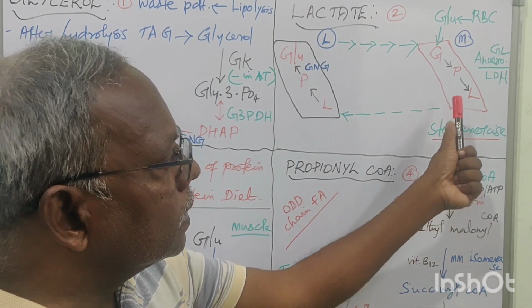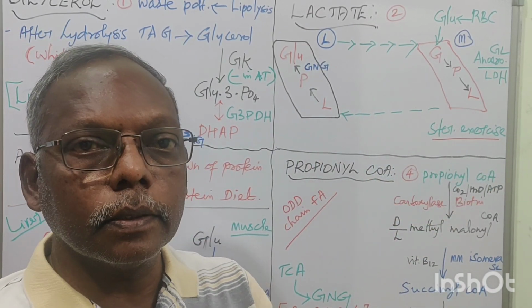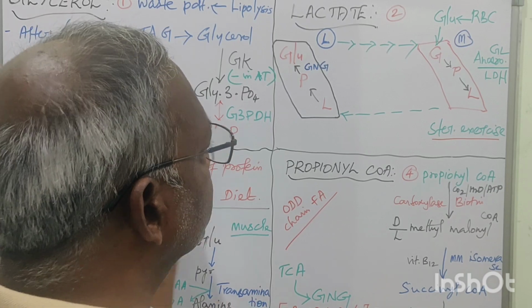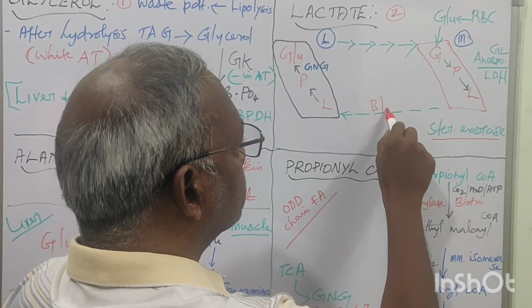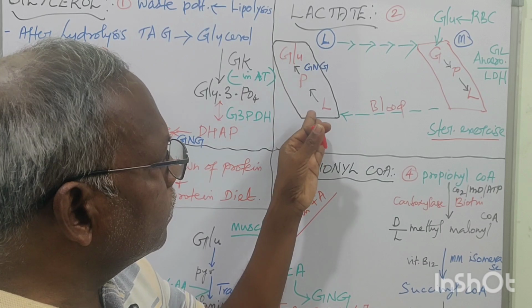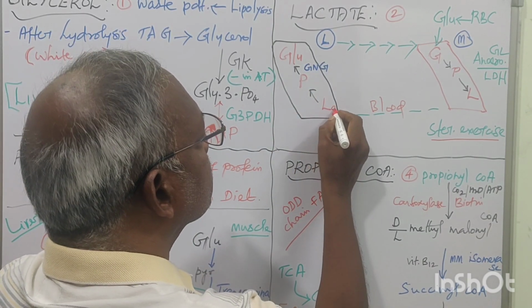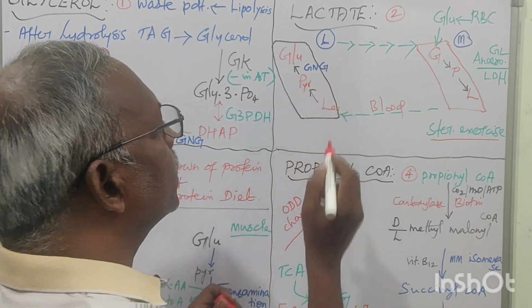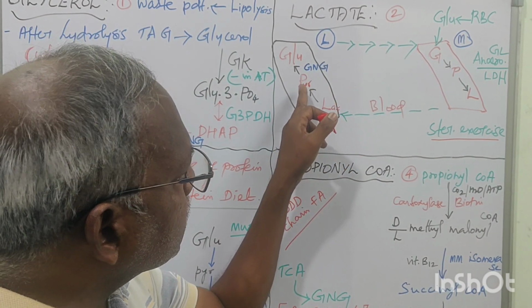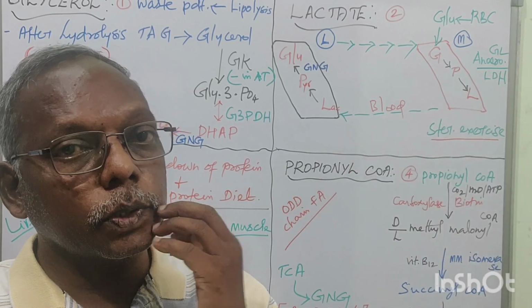This lactate enters the liver through the bloodstream. In the liver, lactate is converted into pyruvate. After that, this pyruvate enters gluconeogenesis and finally produces glucose.